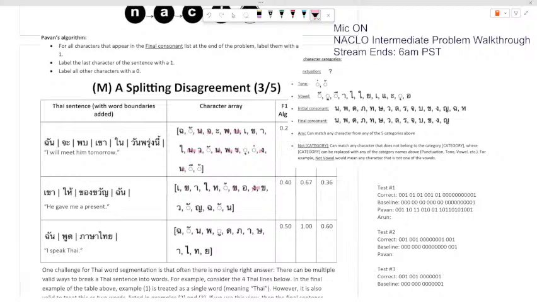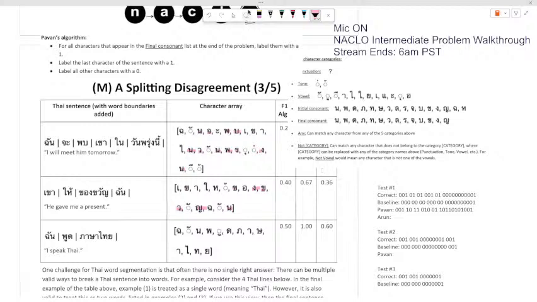This is a final consonant. This is also a final consonant. Nice. That's a final consonant. That's a vowel. This is a final consonant. Nice. This is an initial consonant. This is a vowel. And then this is a final consonant as well. Wonderful.